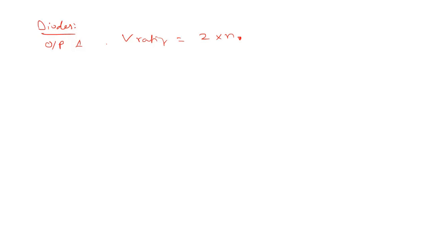So it's 2 times N1 times the input voltage maximum, Vin max, which is 200. N1 is 0.1, so it comes out to be 40 volts. Current rating for the diodes is simply the 100 amperes times the 1 minus D minimum, which is 50 amperes.